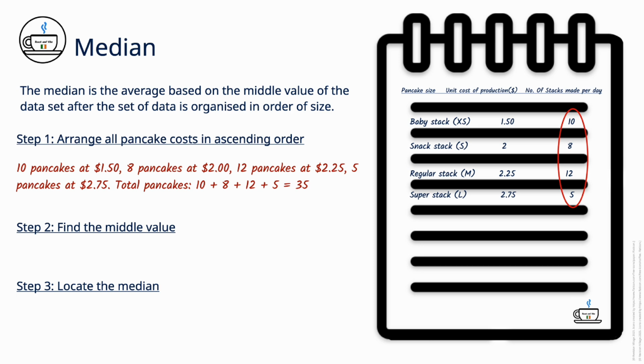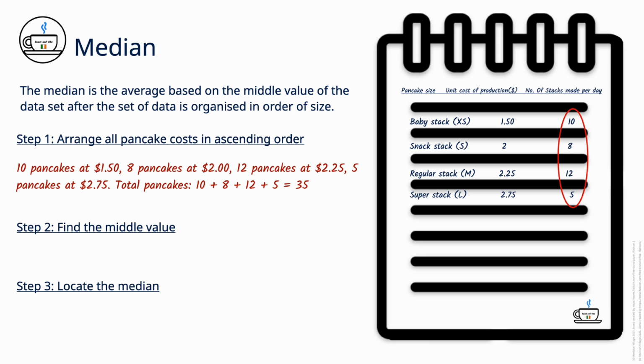And pancake 12 is $2, and so on until we get to pancake 18, as the next 8 pancakes cost $2. Then the next 12 pancakes, which are pancakes 19 to 30, cost $2.25. And finally, pancakes 31 to 35, which are the large pancakes, cost $2.75.